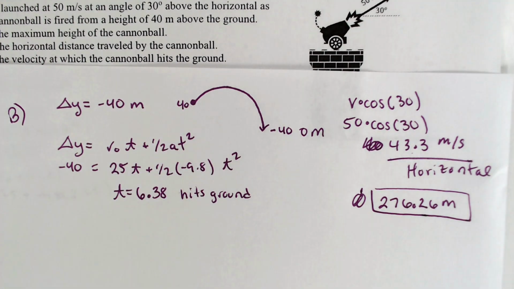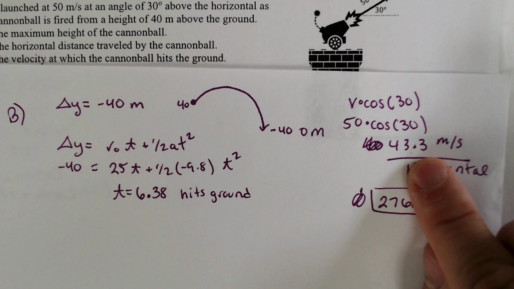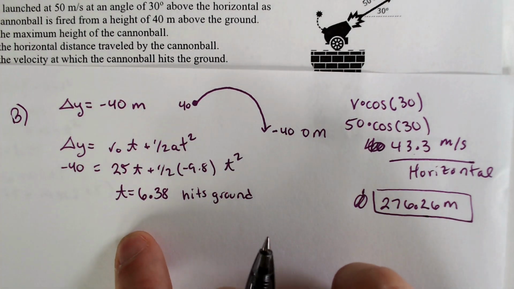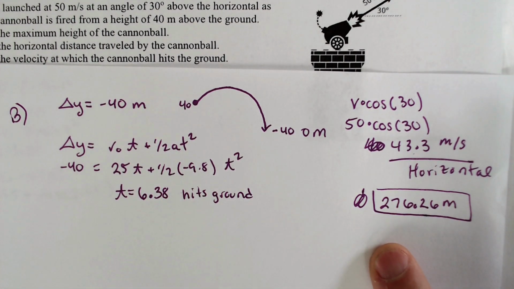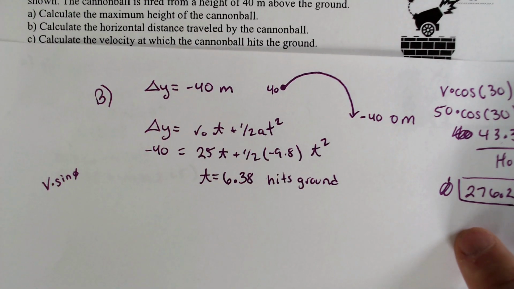That makes sense because it's going essentially 43 meters every second, and it was traveling for 6.38 seconds. So you can just multiply 43 times 6.38 and get 276. Part B, done. Part C, we are about to do.